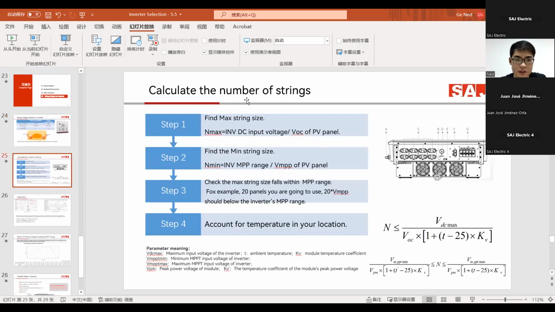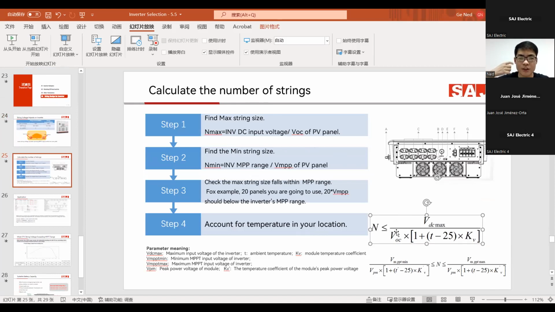Next is a calculation of the number of strings. First, we have a standard formula. The first formula is for the inverter, for the open circuit voltage.